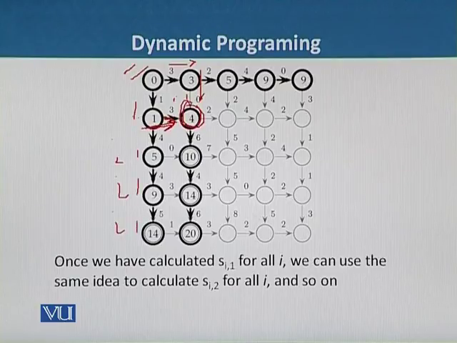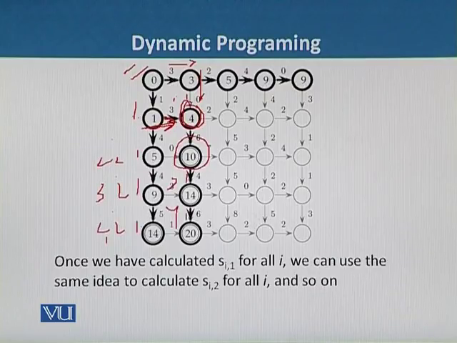It means we can replace the value of i with 2, 3 and 4, and we know that this is position 2,1, this is position 3,1, and this is position 4,1. And we can calculate the value of all these positions.